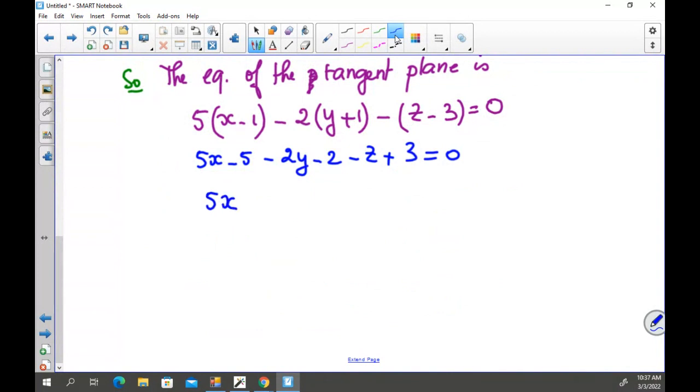So 5x minus 2y minus z equal to 4, yes, equal to 4.